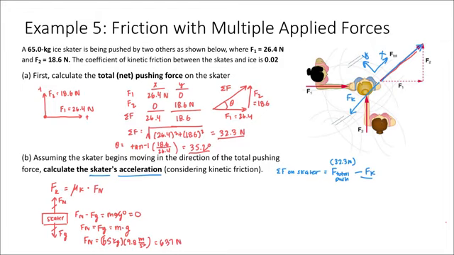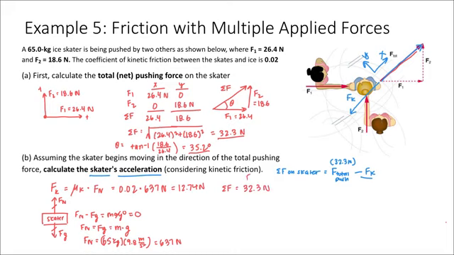637 newtons. So then that means that my frictional force here is going to be the coefficient of kinetic friction, which was 0.02, right, times 637 newtons, which is equal to 12.74 newtons. And so now, to find the net force on the skater, I will subtract this 32.3 newtons.